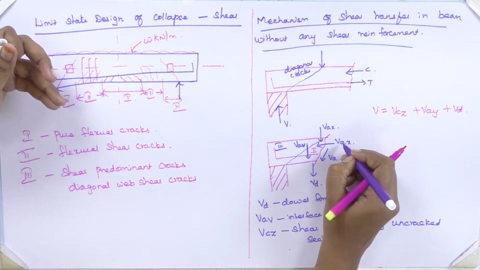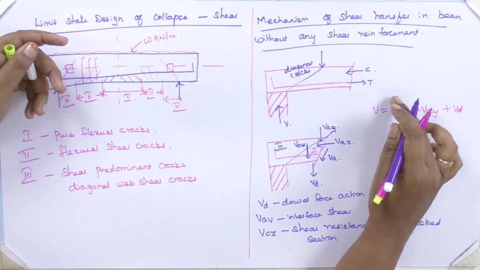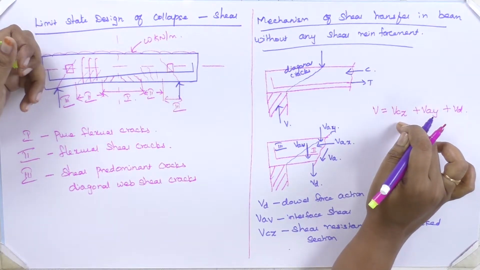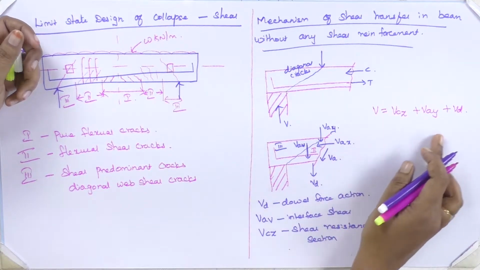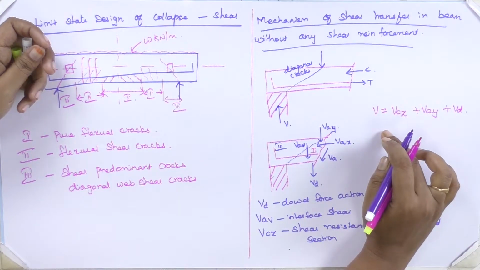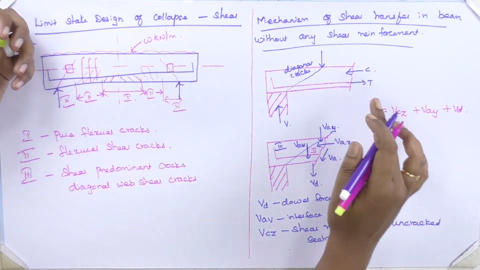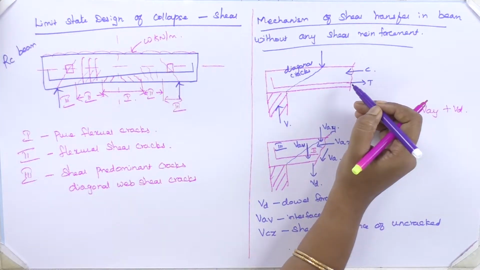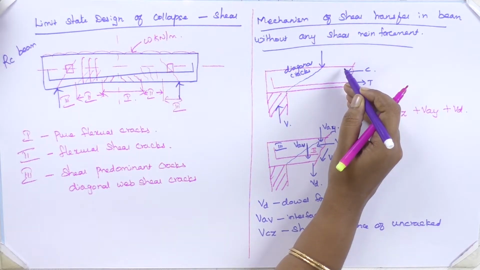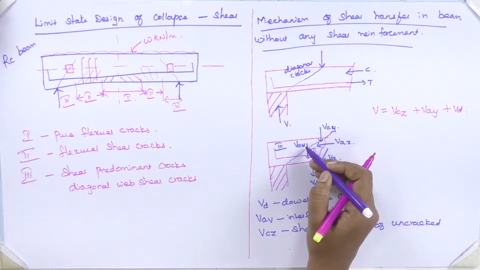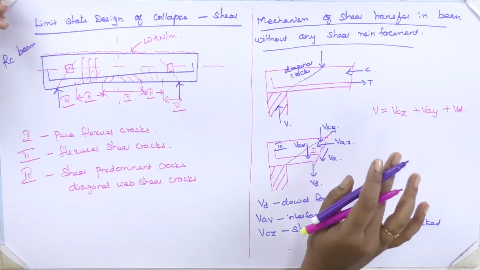I can write VCZ is my original shear resistance of my member. So I can calculate the shear in my beam. This is the mechanism by which shear has been transferred. Normally you have a tension in your bar, the compression is being taken care of by your concrete. So these are some of the associated elements apart from flexure in your beam.